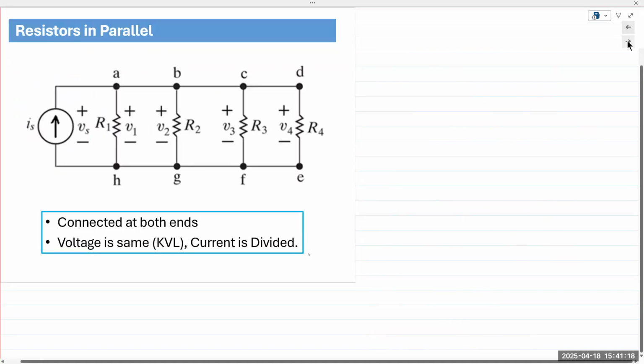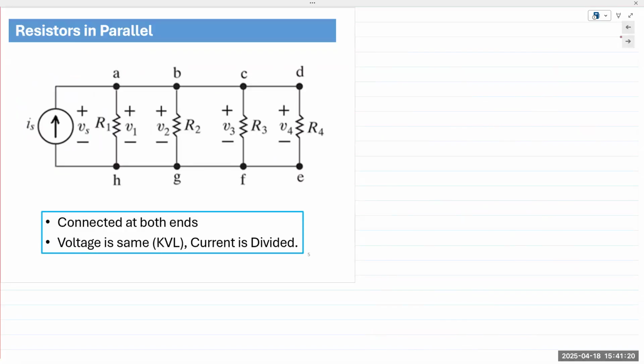So now let's look at resistors in parallel. Resistors in parallel will share the same 2 nodes, so they're connected at both ends of the terminals. And a parallel connection, of course, doesn't only apply to resistors. It could apply to any and all components, doesn't matter what those components are, right?